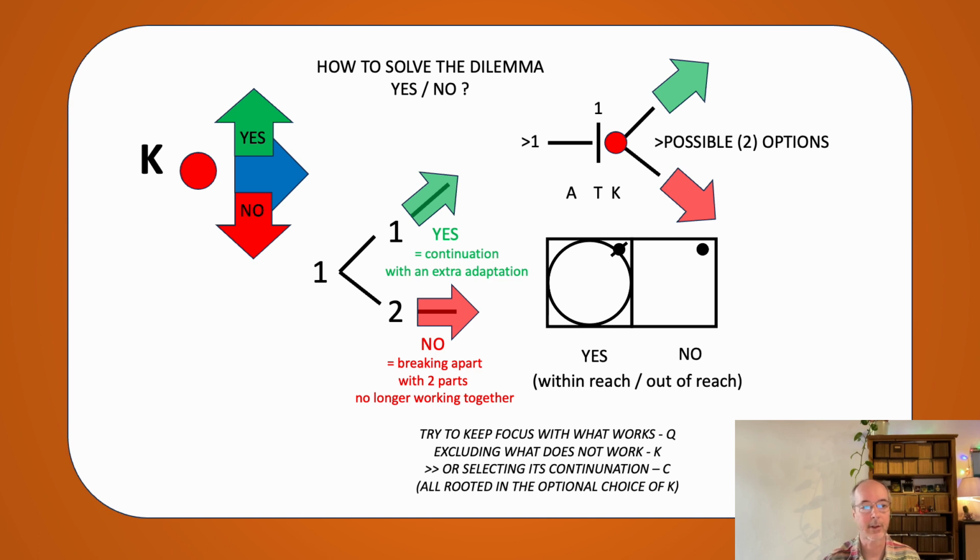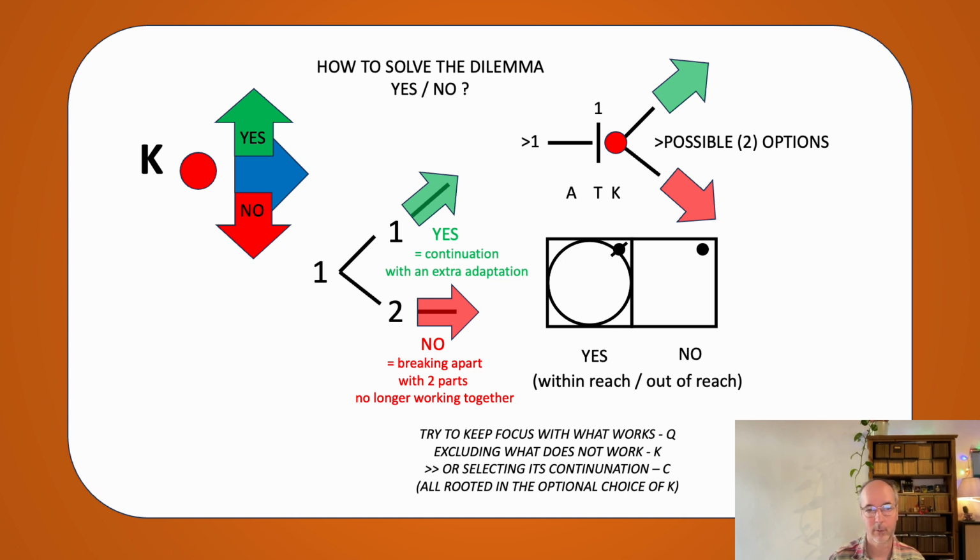So the yes will be focusing upon, if I use it in balance, the yes will be the part that will make sure that I will have a continuation with it, maybe via a certain adaptation. So if I adapt it a little bit or make a selection somewhat, it will work, and the yes will also make a continuation.